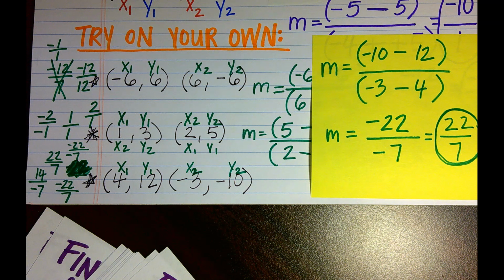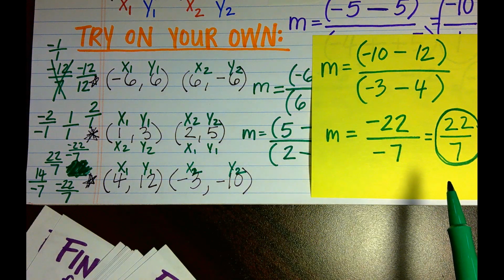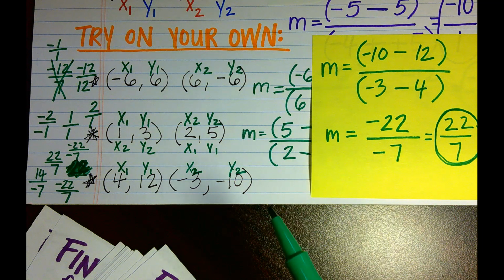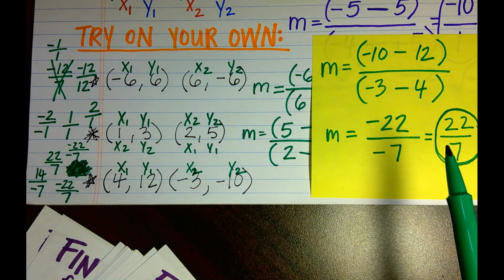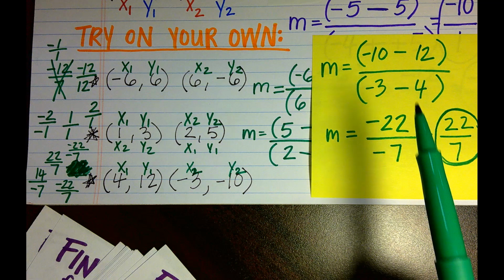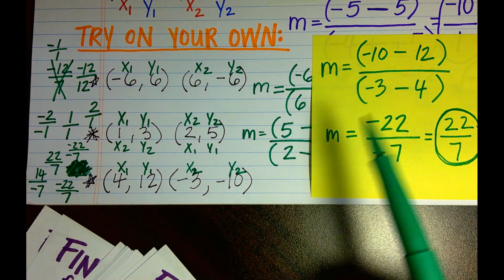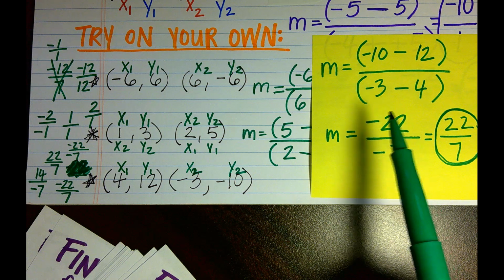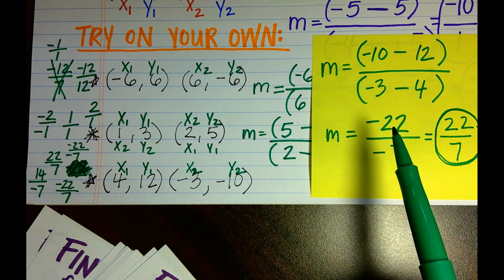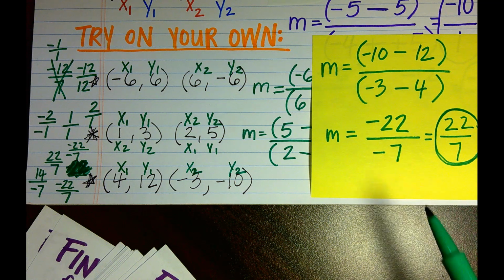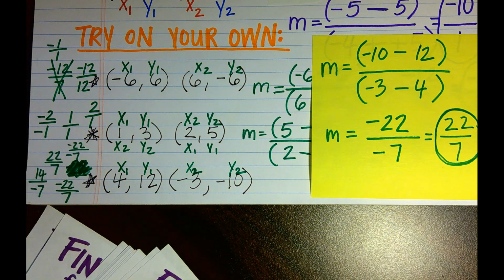I got negative 22 because on the negative 3 minus 4, I had a plus sign. Ah. That's where I got confused. Okay, so you ended up seeing that it was like negative 3 plus 4. Yeah. And that would have given you 1. So negative 22/1. That makes sense. Okay, so we see where that came from.